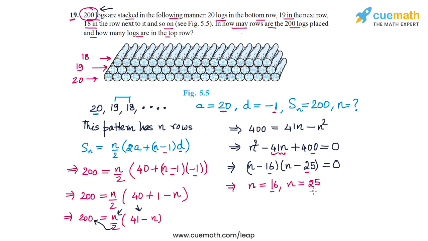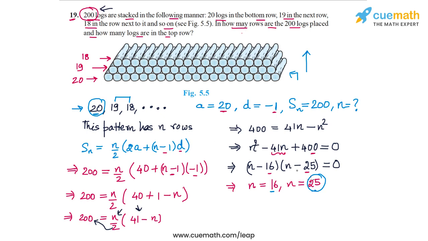Both values are valid numbers, both are positive integers, so which makes sense? Now think about it. The first row, the bottommost row, has 20 logs, and the number of logs per row keeps on decreasing as we go up. So clearly n cannot be equal to 25, because if we go up to the 25th term in the progression, the terms will become negative, because the first term is 20 and every term is 1 less than the previous term.